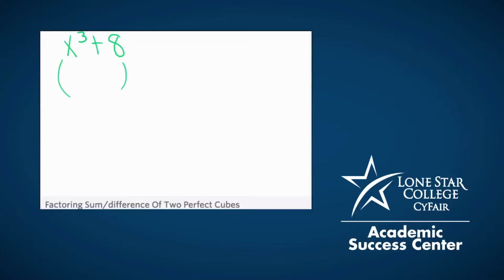We first determine what x cubed is the perfect cube of. x. And that's because x cubed is x times x times x. What is 8 the perfect cube of? Well, 8 is 2 times 2 times 2. So it's the perfect cube of 2.